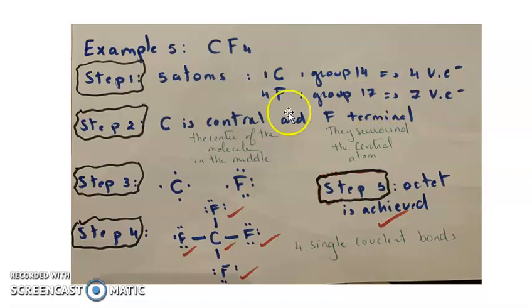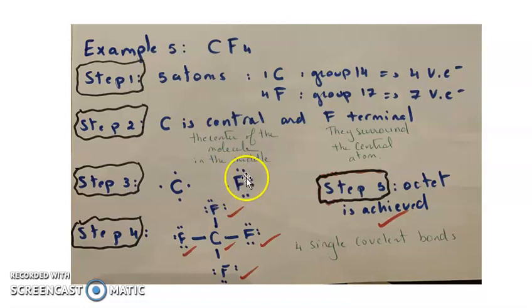Now, carbon, because it has 4 valence electrons, you draw it like this, it can bond from all sides. So this is your central atom, you put it at the center. Fluorine is terminal, you put it on the sides. Look at fluorine, it has 7 valence electrons, 1, 2, 3, 4, 5, 6, 7.